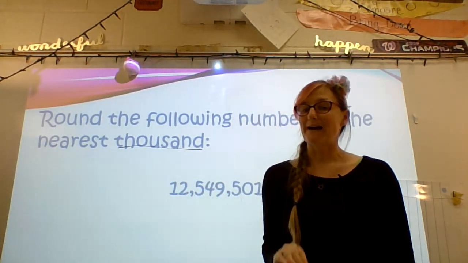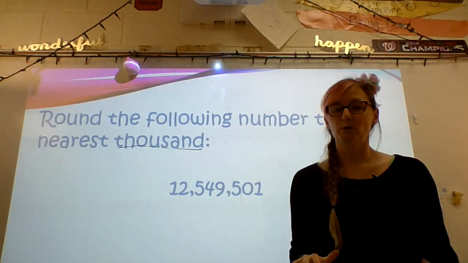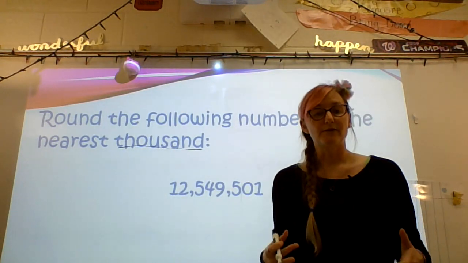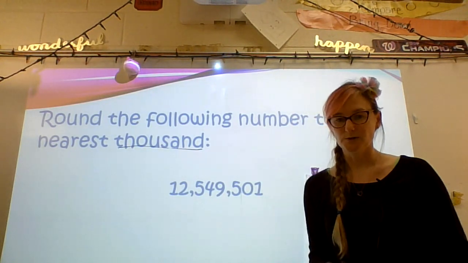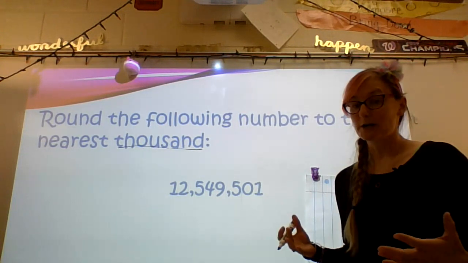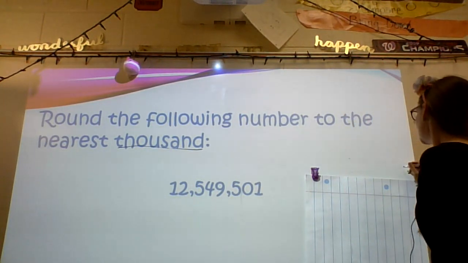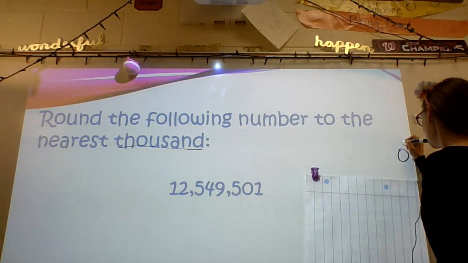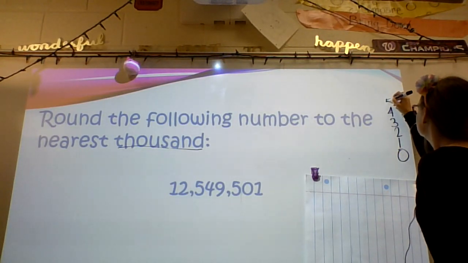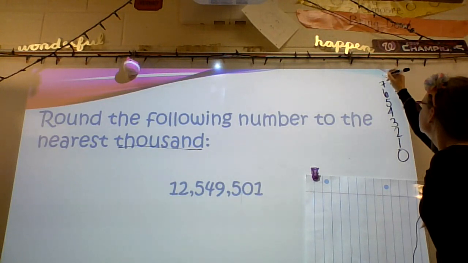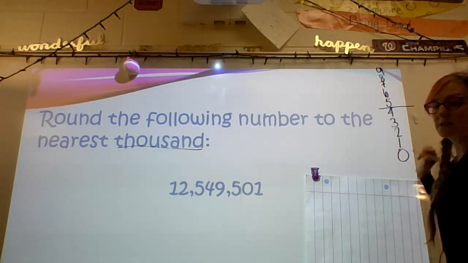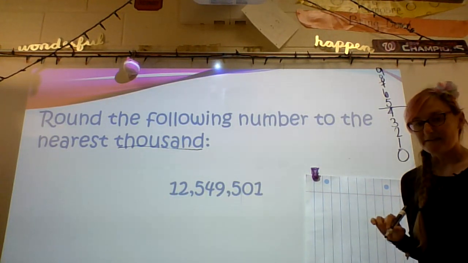Now, before I start rounding, there are a few things that I'm going to want to do first. The first thing that I want to do is create my rounding chart that Mrs. Herrera showed you to help me see whether the number is going to stay the same or increase by 1. So I'm going to write my digits 0 through 9 on the board and put a line in between the 4 and the 5.